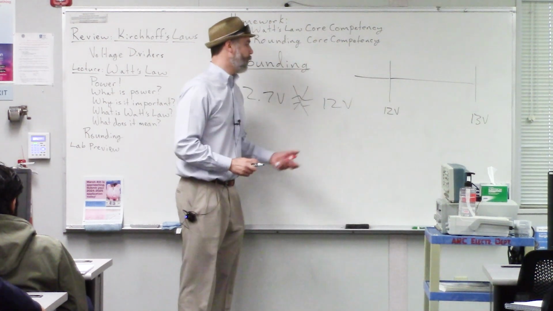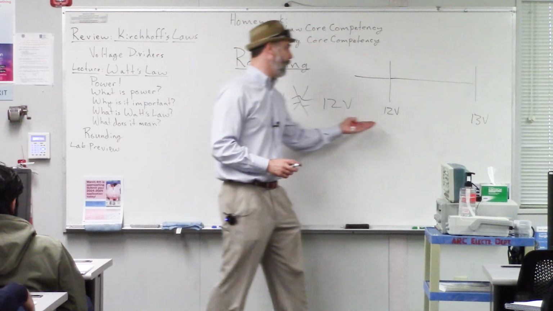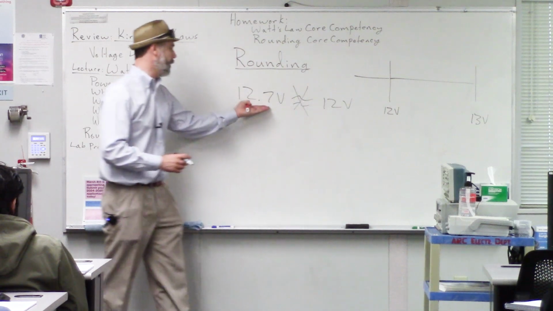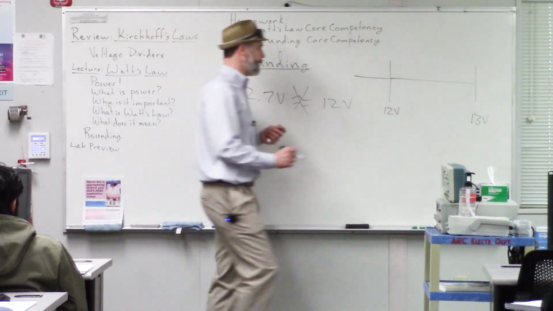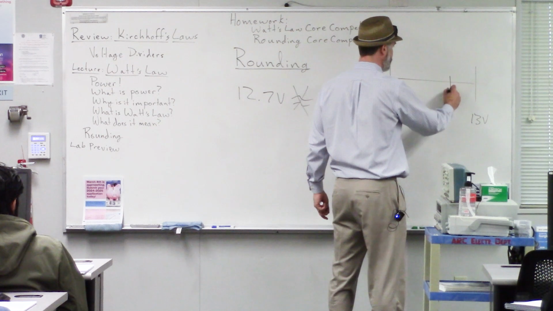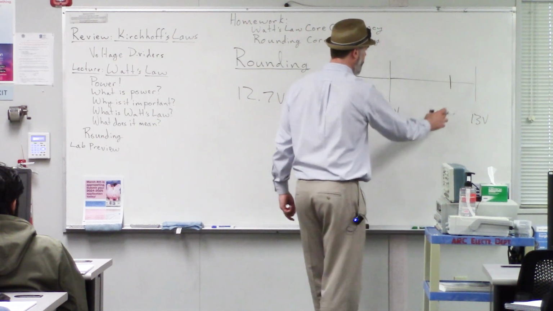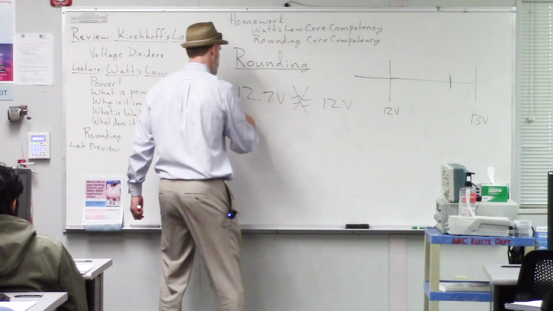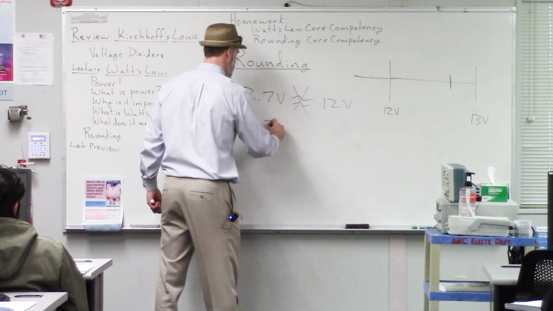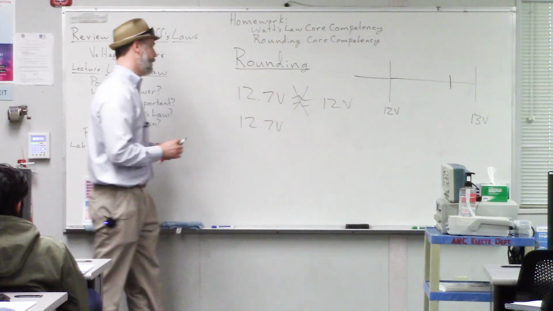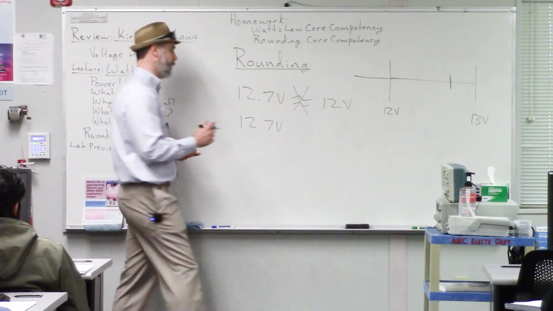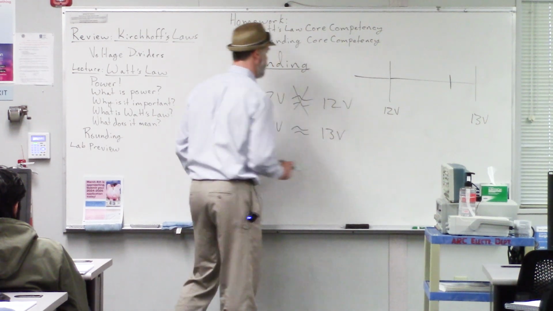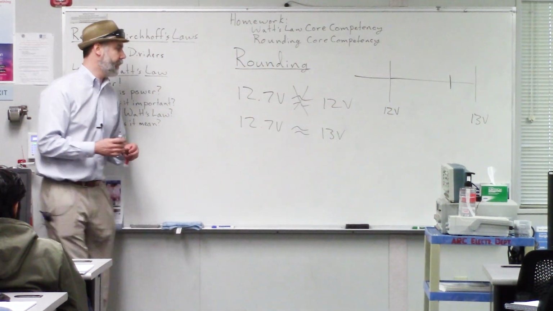And if we're only going to keep 2 digits, we want to keep the 2 digits that are the best representation of our measurement. So 12.7 volts is somewhere like that. So you can see it's actually closer to 13 than 12. So if we have 12.7 volts and we want to just keep 2 digits of information, we would say that's actually approximately 13 volts, okay? Because it's closer to 13 than 12.